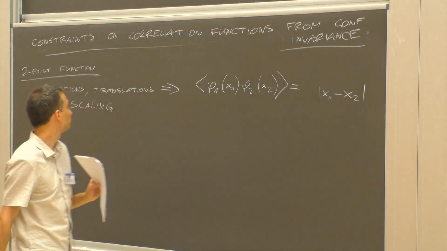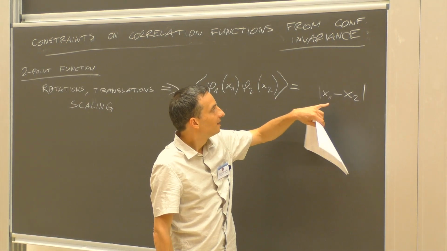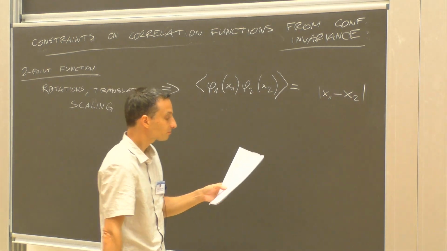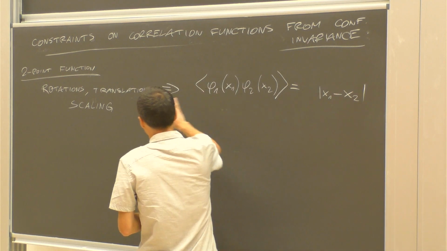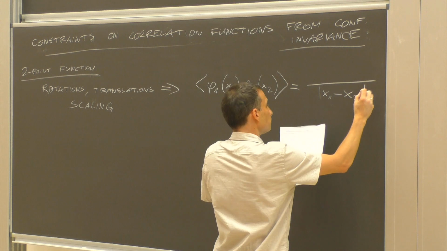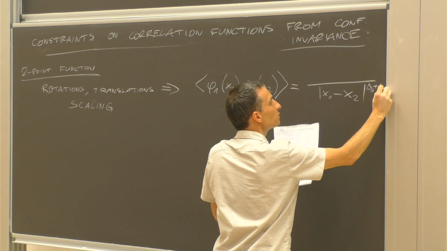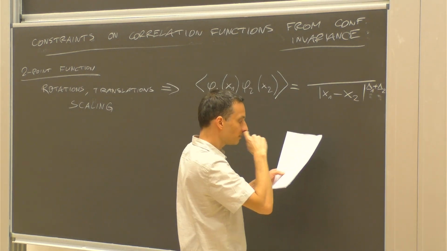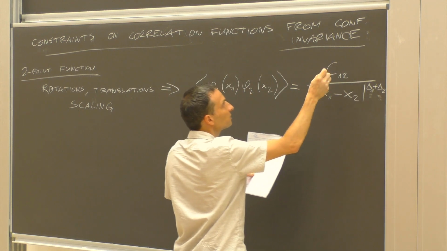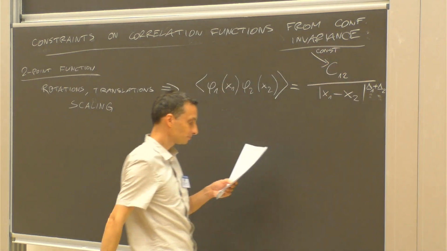But you want to avoid that because of the scaling, which means that this function should be essentially some monomial of this quantity. And more precisely, if you look in more detail at how it behaves under scaling, you may conclude that it should have the following form. So these dimensions of these fields, delta 1, delta 2, should appear here. And there can be some overall constant, which for the moment is not that important for us.